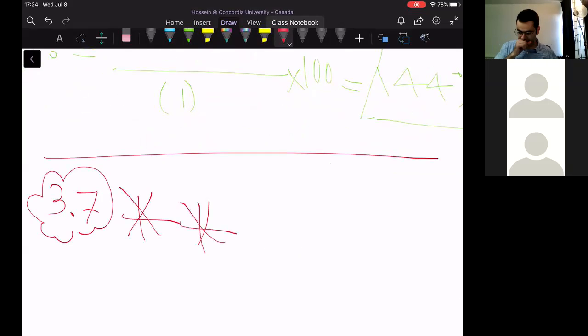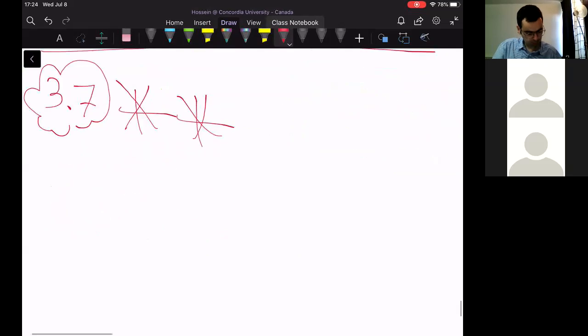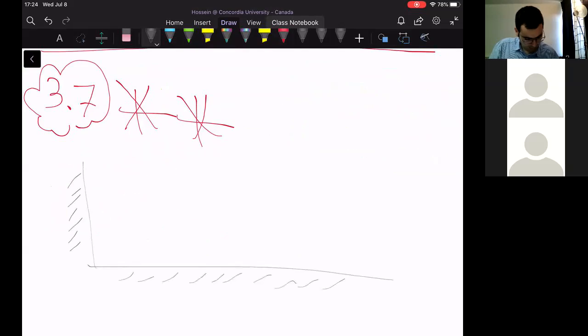So let me draw the problem. There is a mass spring system, M, which is attached to a dashpot C to the wall, and from the right-hand side attached to a spring.